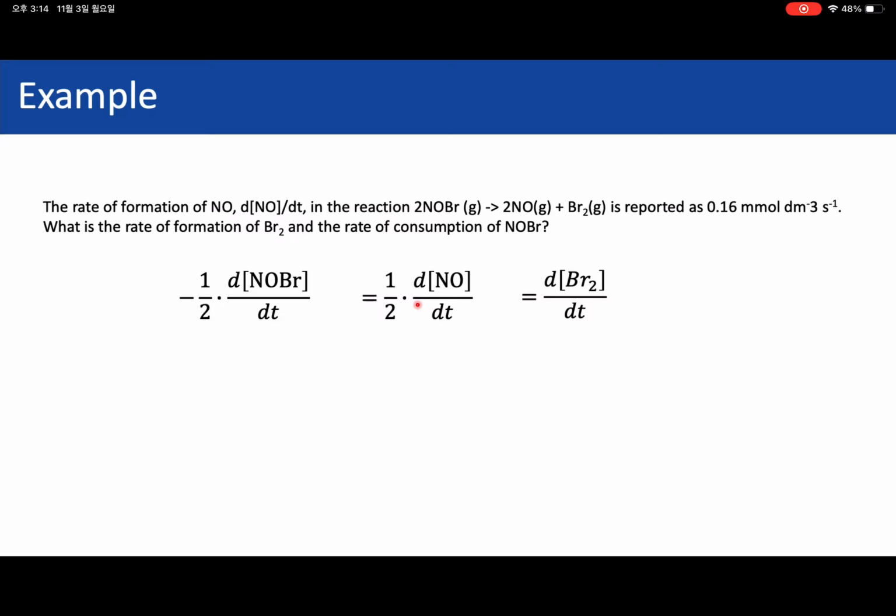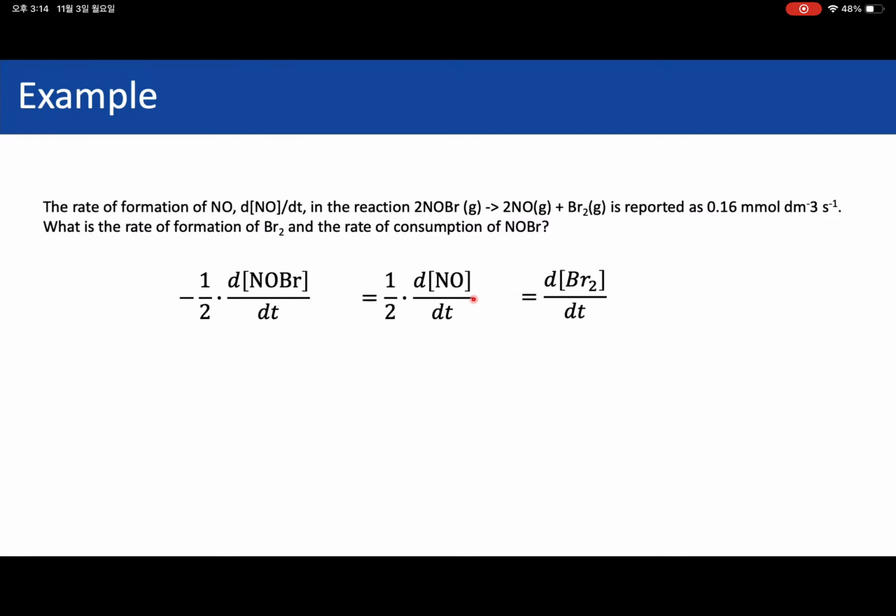So you have to confirm that the sign on this first, second and third term is positive, because that's the rate of formation of the product, so their concentration is increasing, so we have a positive sign for them.